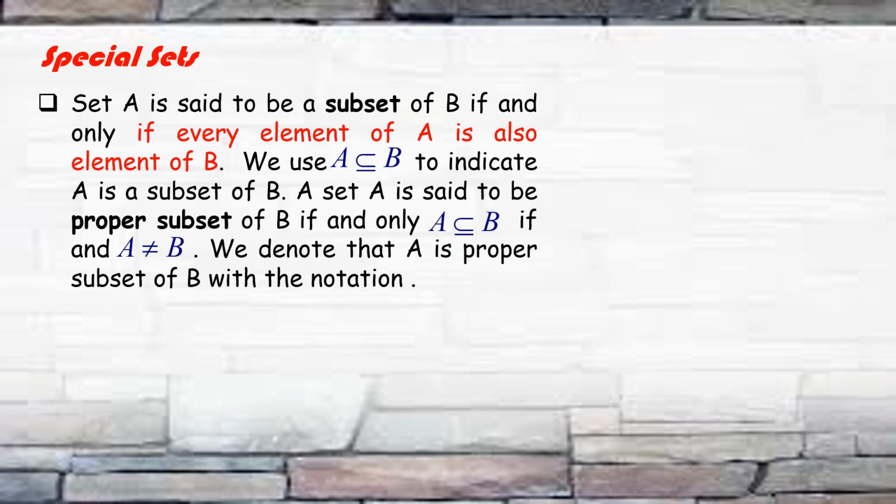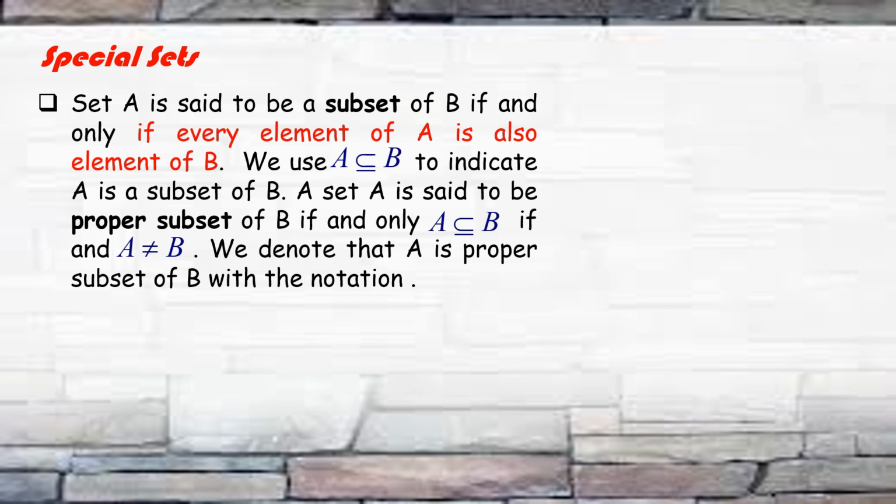So, we have another special set, which is a subset and proper subset. Let's have first the subset. Set A is said to be subset of B if and only if every element of A is also element of B. So we use A and then this symbol.